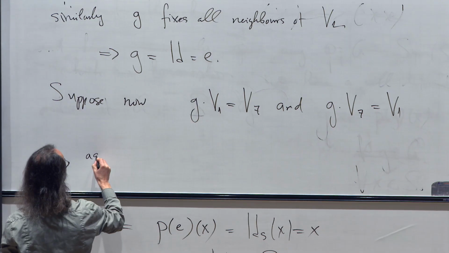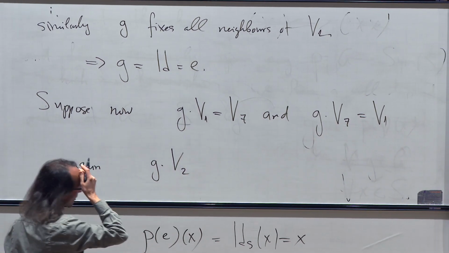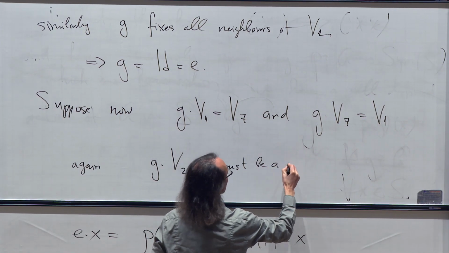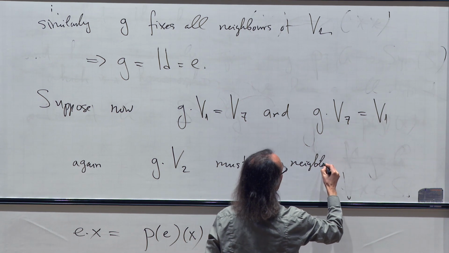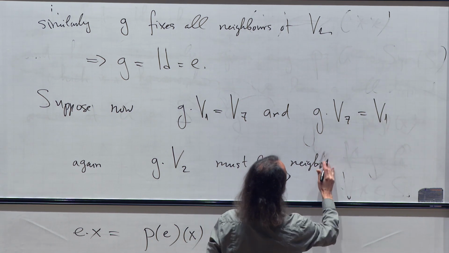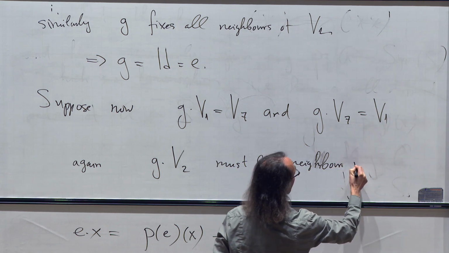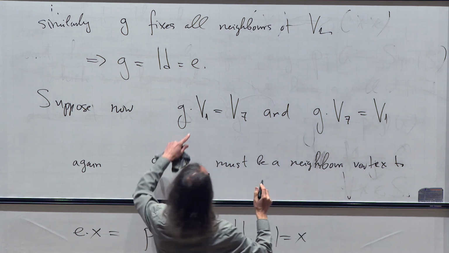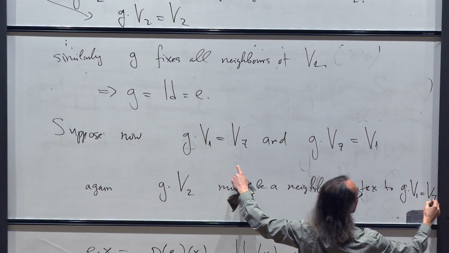G sends the neighboring vertex V2 to a neighboring vertex of its image, G of V1, which is a neighbor of V7.